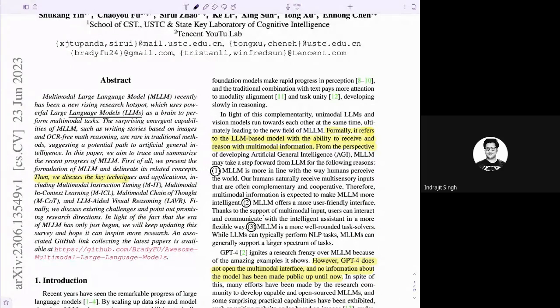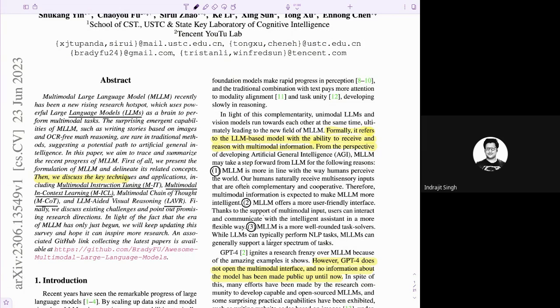The primary thing is that we can discuss the key techniques and applications, including multimodal instruction tuning, multimodal in-context learning (MICL), multimodal chain of thought (MCOT), and LLM-aided visual reasoning (LAVR).